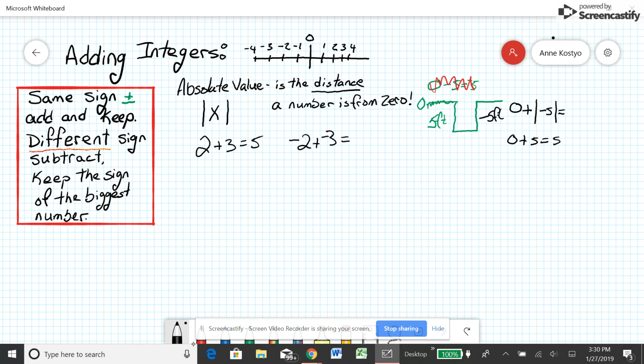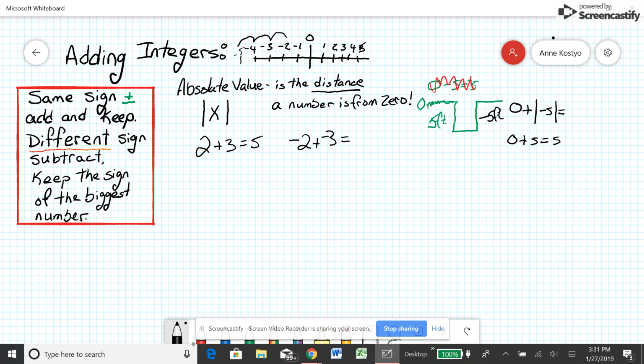We know with 2 plus 3, we are starting at 2 and moving over 3 places to the right on the number line. So it would be logical to assume that if we were at -2, we could do the same thing, and we could move over 3 spaces and get to a -5.